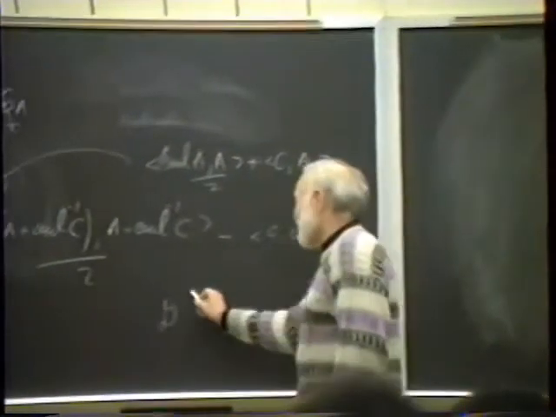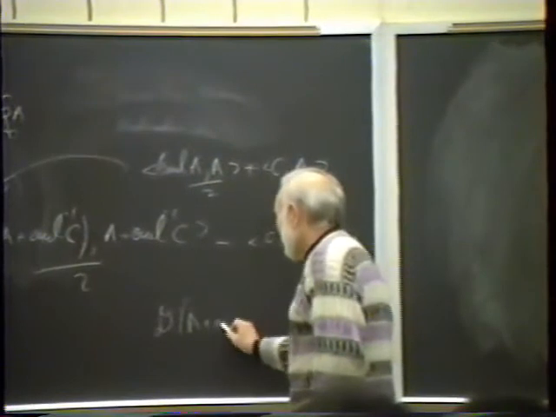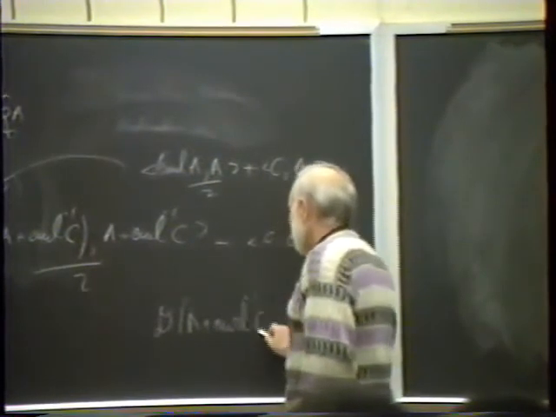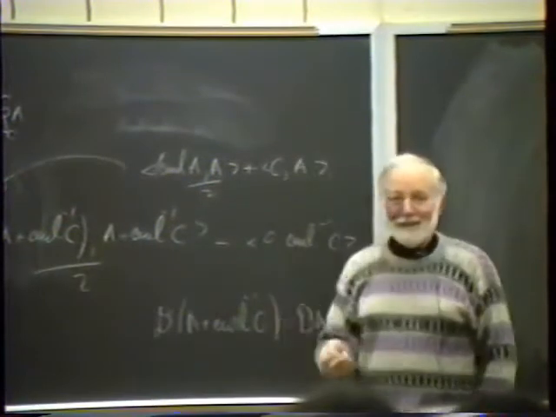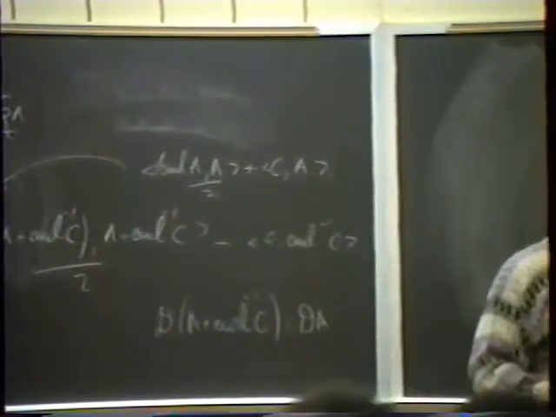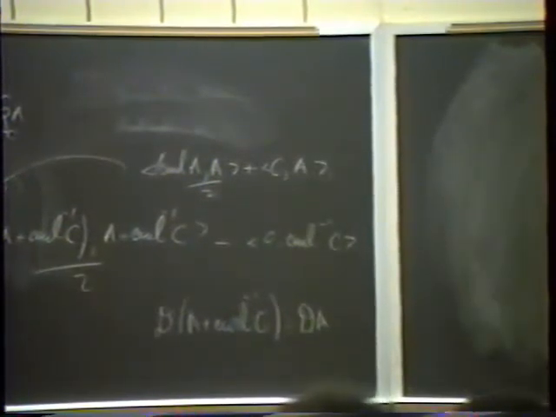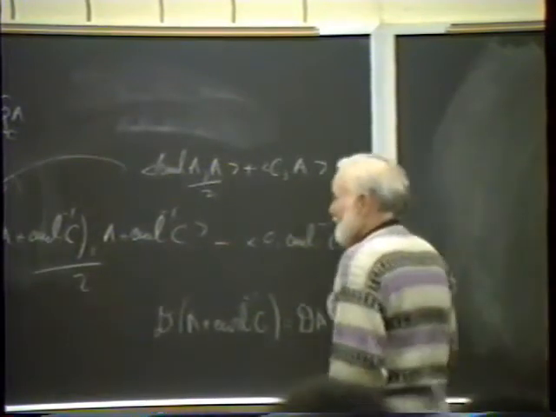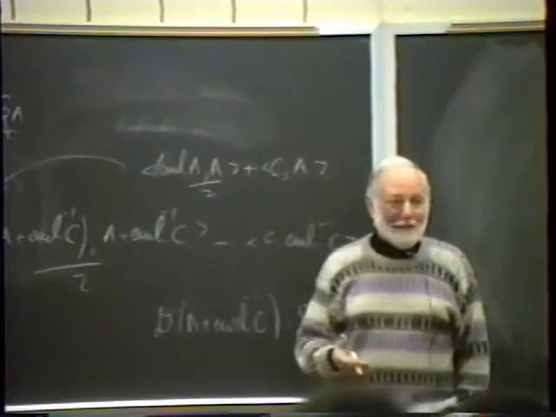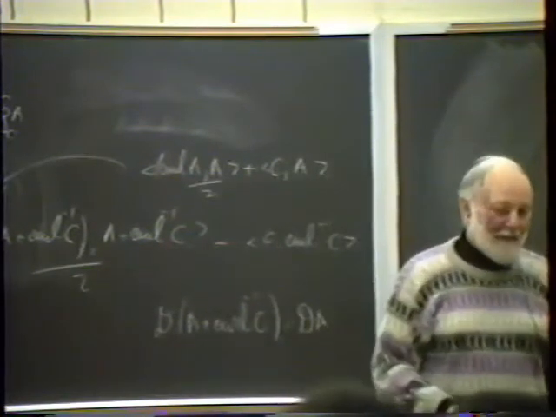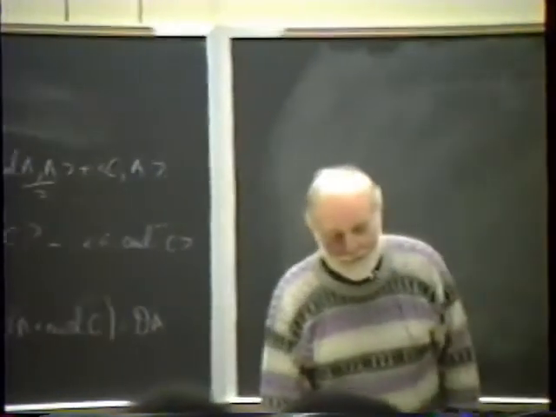I'm going to say the d of A plus curl inverse of C is d of A. The dA is supposed to be Lebesgue measure. It's translation invariant, even though it doesn't make sense. But, you know, if we really wanted to get technical about it, we're talking about a Gaussian, really.